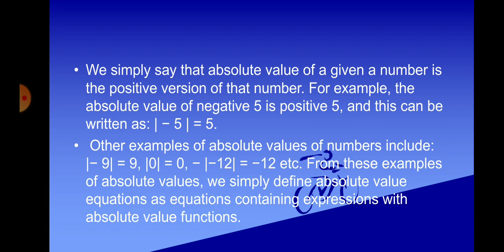For example, the absolute value of negative 5 is positive 5, and this can be written as the absolute value of negative 5 equals 5. Other examples include the absolute value of negative 9 equals 9, the absolute value of 0 equals 0, and the absolute value of negative 12 equals 12, and so on.